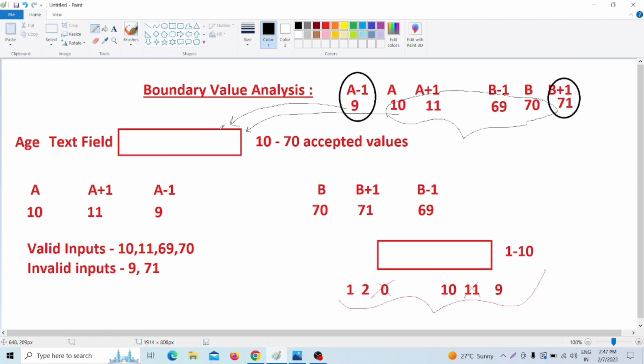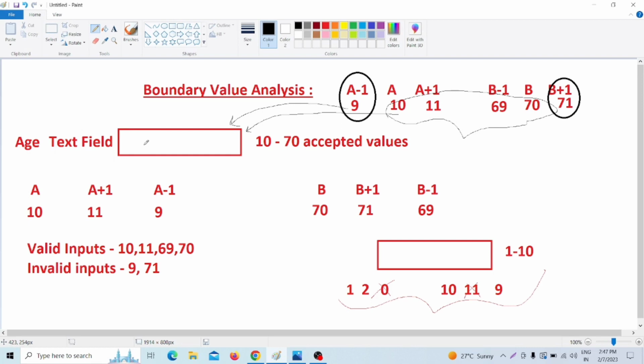So we are giving some boundary. So apart from those 60 test cases, 60 digits, we are only putting 6 digits. So 10 to 70, 60 digits are there. Whenever we are checking by normal manual testing, we have to put 60 digits here and make sure that all the accepted values are working perfectly fine or not. So this is a time consuming process.